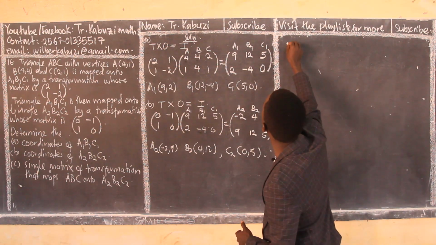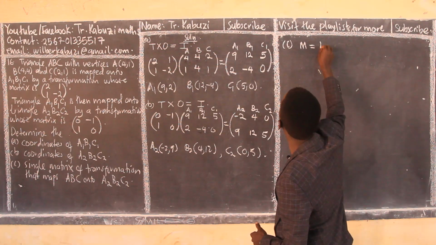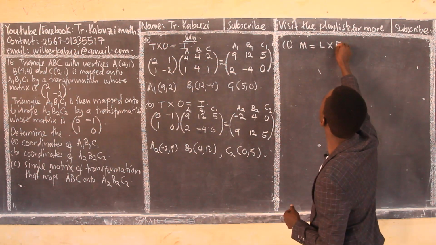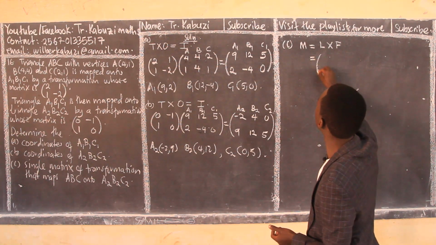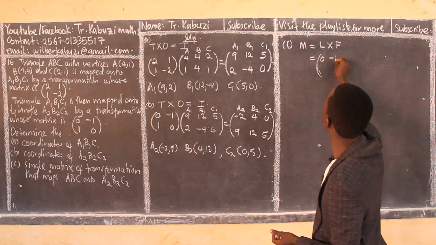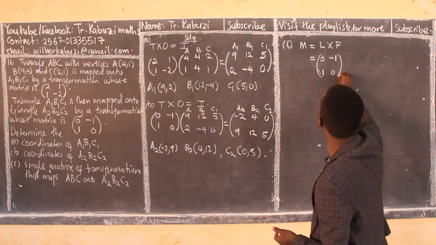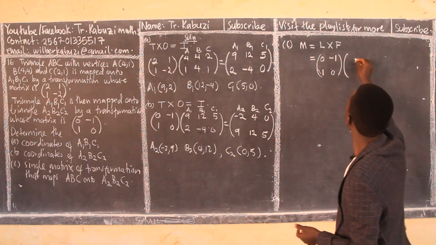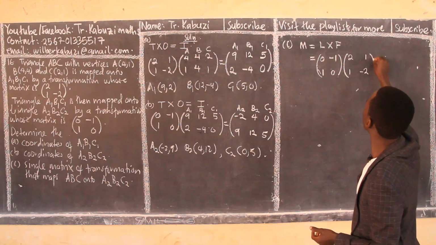Now this is our part C. That matrix M is always given by the last matrix you used to transform, times the first matrix you used. Now our last matrix to transform was this, times our first matrix, which was this.